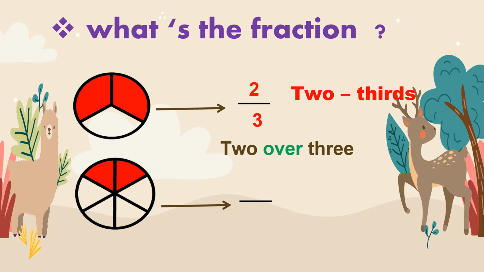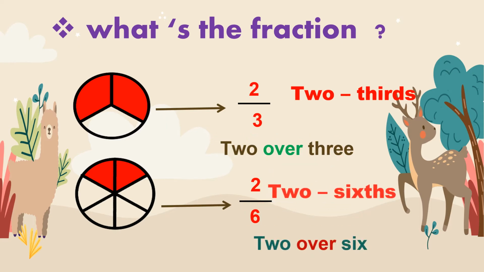Then second, the total parts 1, 2, 3, 4, 5, 6. 6 parts. And the colored parts 1, 2. How can I read this in the fraction? 2/6.